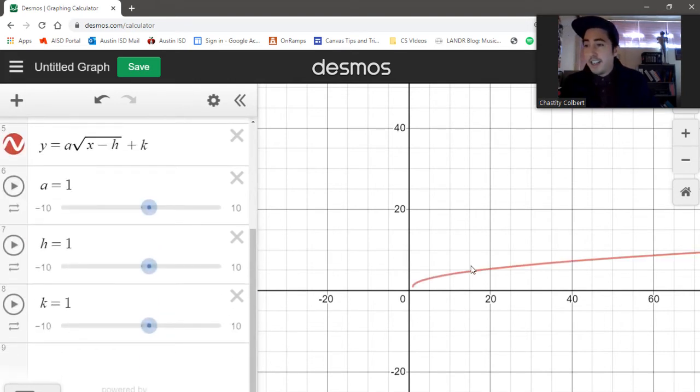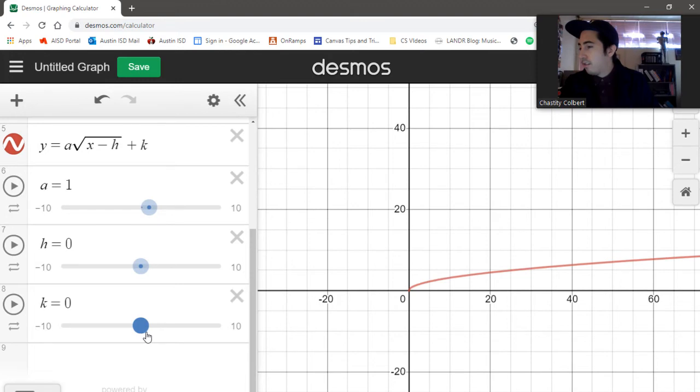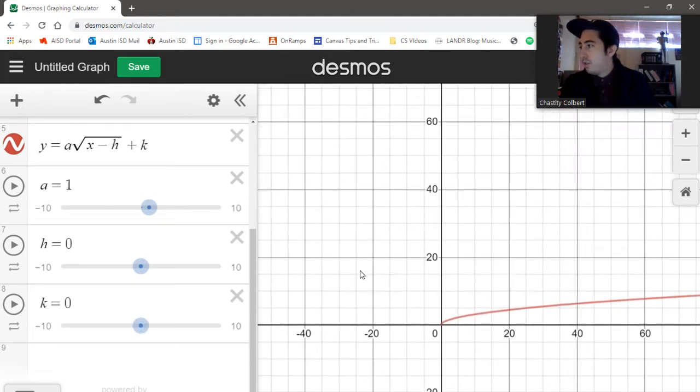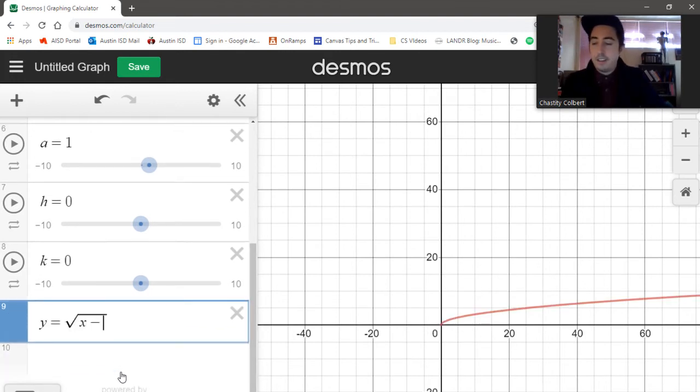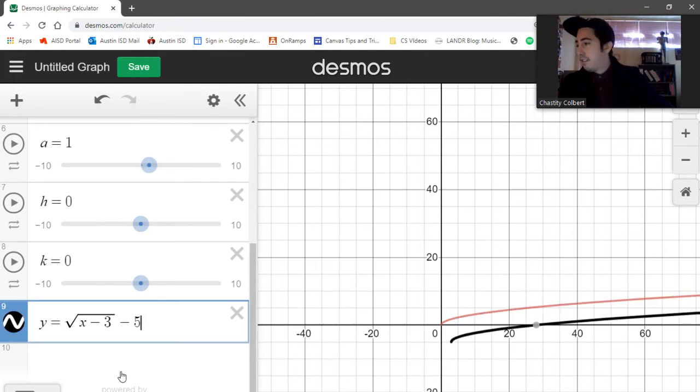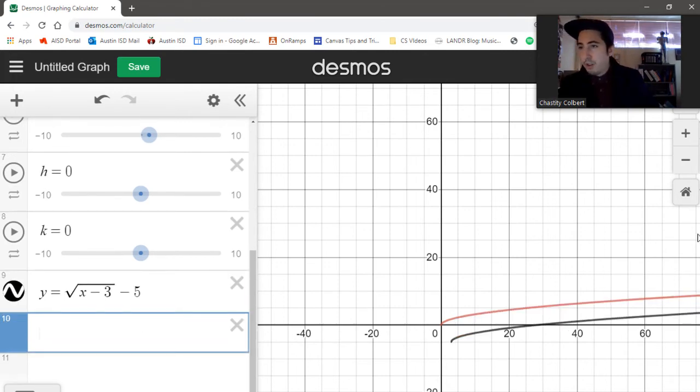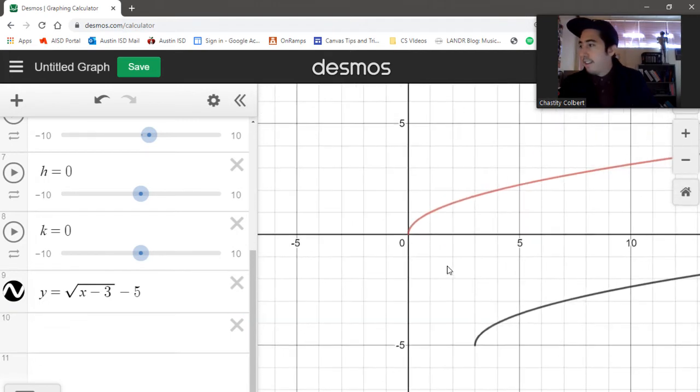Okay, so this is your square root function. h should be 0 at first. k is 0, right? And I want this to equal y equals sqrt x minus 3 minus 5. Right, this is what it was before. So again, the red one is the parent function.